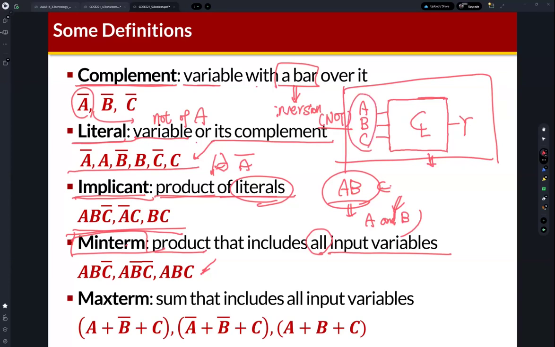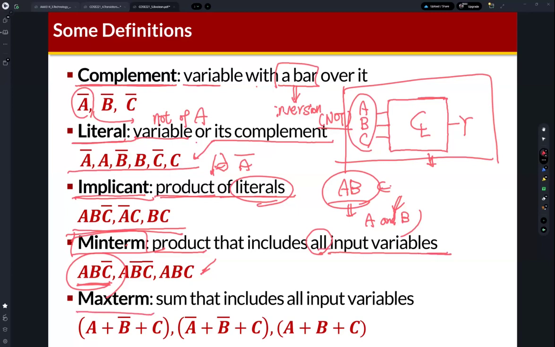If you see this implicant, it includes all input variables A, B, and C, right? So we can call this a minterm: a product that includes all input variables.